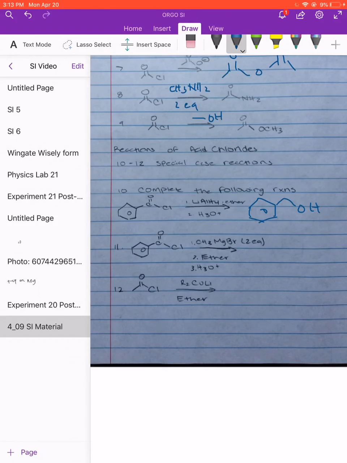What that's going to do is insert that CH3 group twice because it's 2 equivalents. And so we're going to end up with a tertiary alcohol. And then number 12, we have that, and we're going to end up with a ketone.